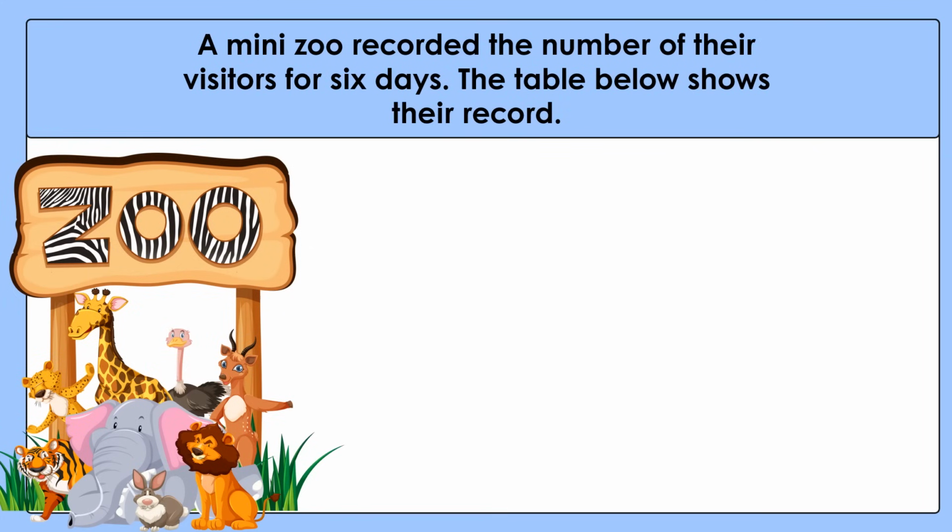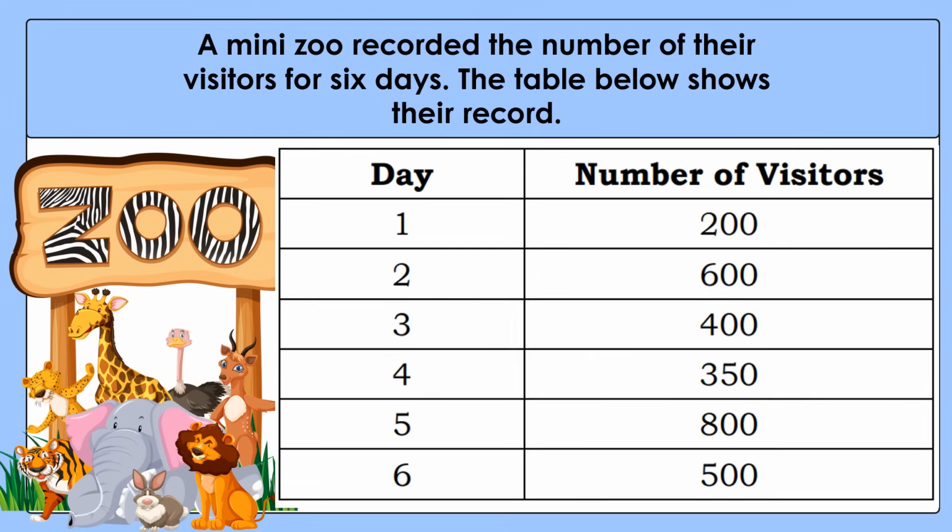Here's the problem. A mini zoo recorded the number of their visitors for 6 days. The table below shows their record. First column, day. Second column, number of visitors. Day 1, 200. Day 2, 600.